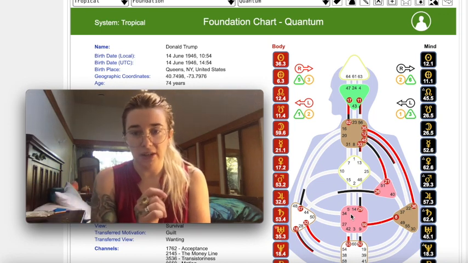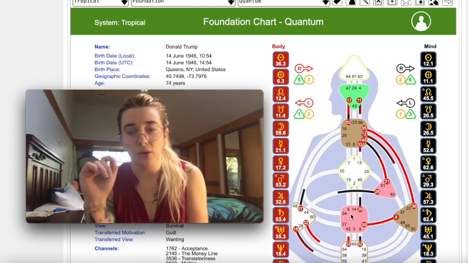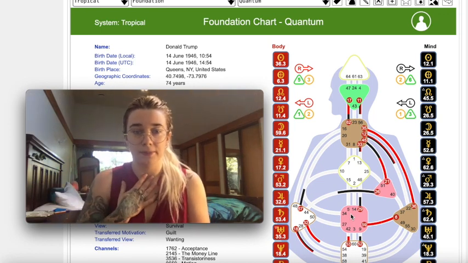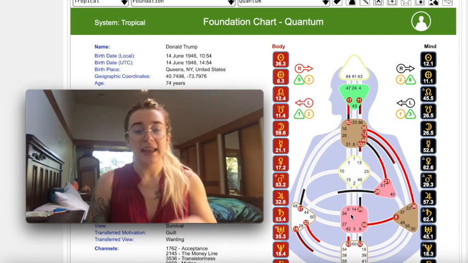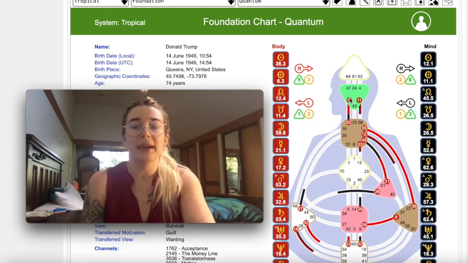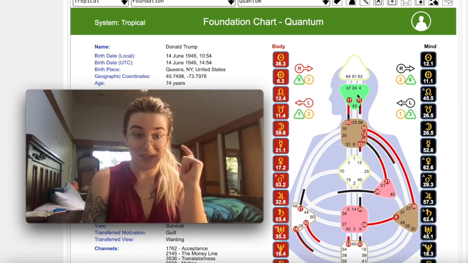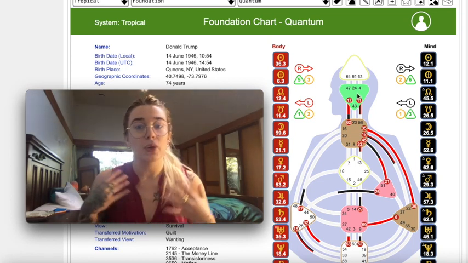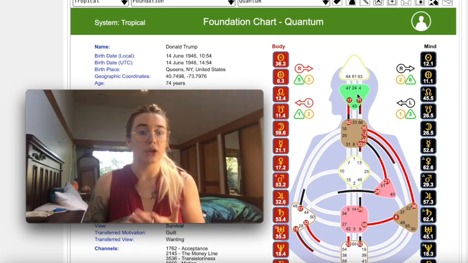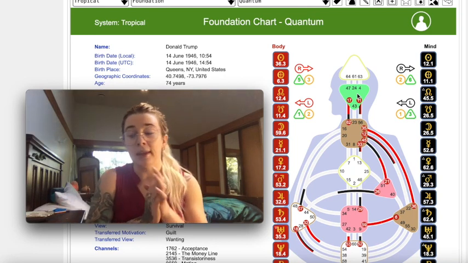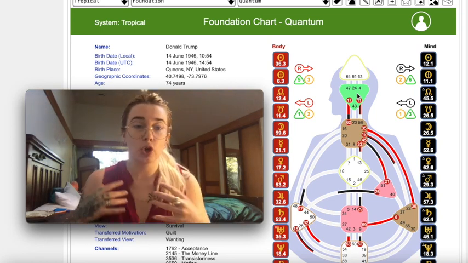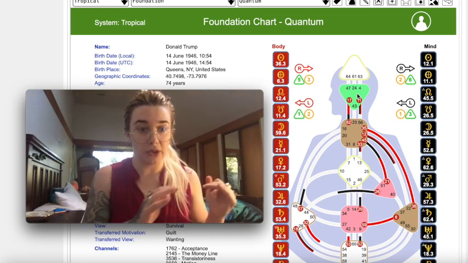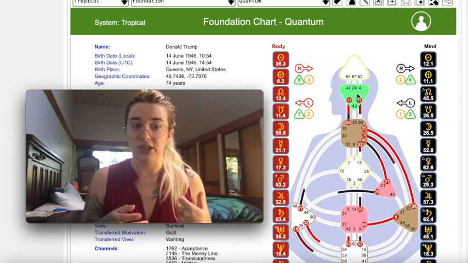His goes to his sacral, and it also goes to his throat. Now, something interesting about him is that we can see up here, he does have a defined ajna. So what does a defined ajna look like? It looks like someone who it's correct for them throughout their life to adopt points of view.